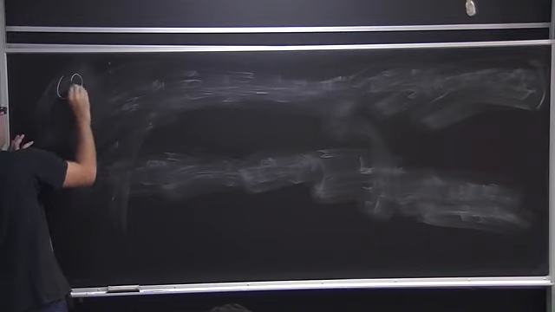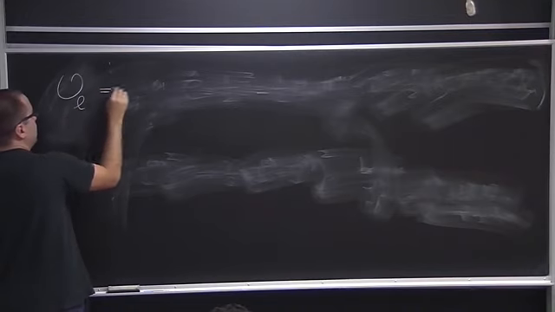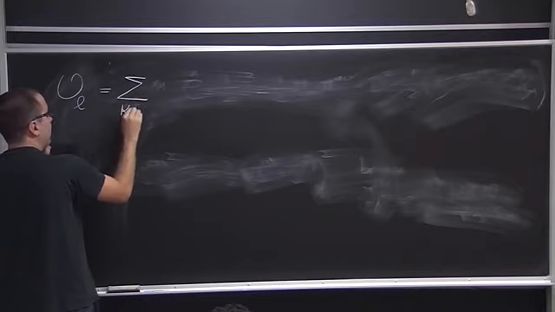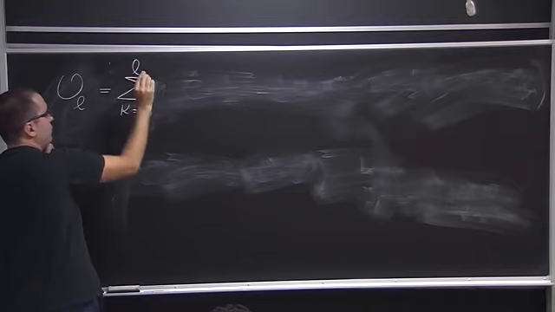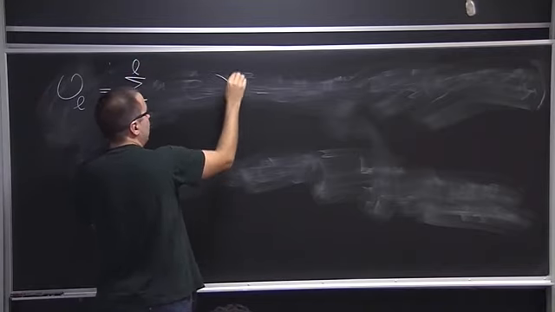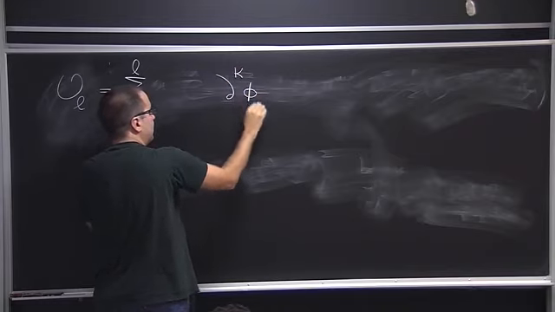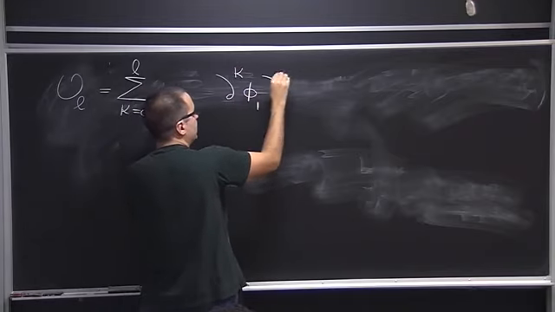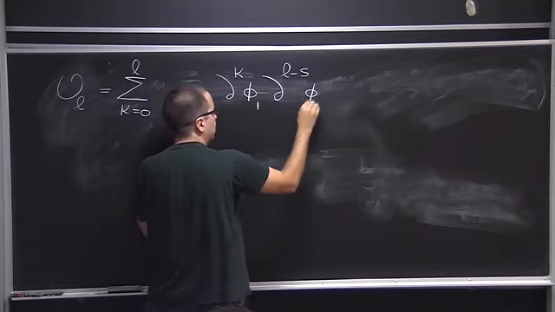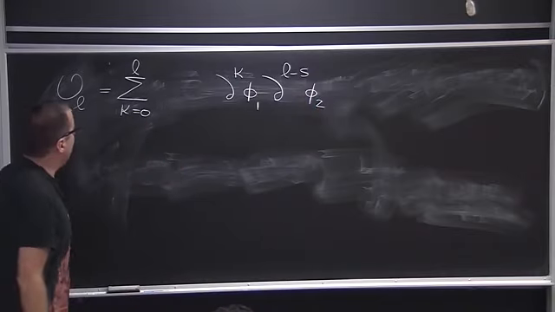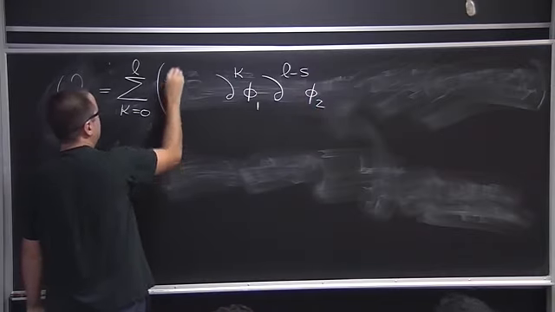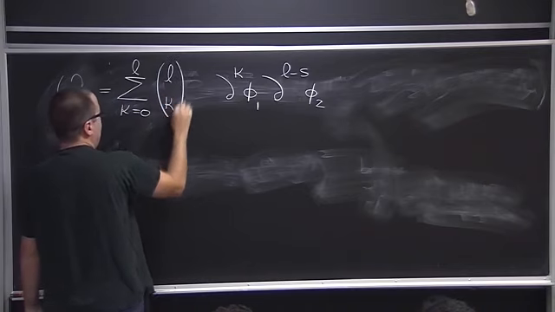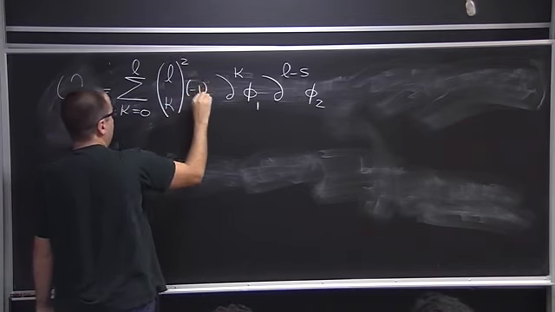O of spin L is equal to a sum from k equals 0 up to L. I have to tell you how the derivatives are distributed, how many are on the first field, and the remaining ones are on the second field. And now I should tell you what is the weight, and the weight is binomial L k times (k squared minus 1) to the k.